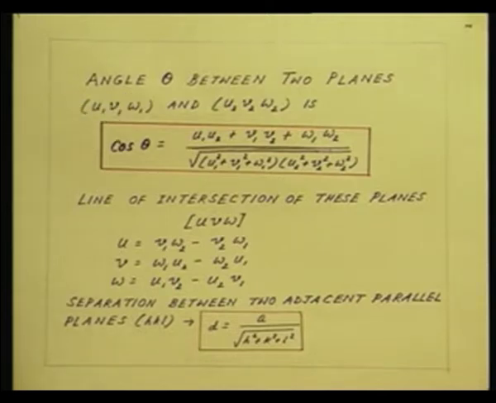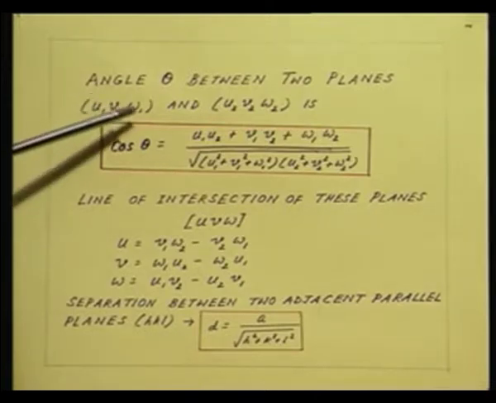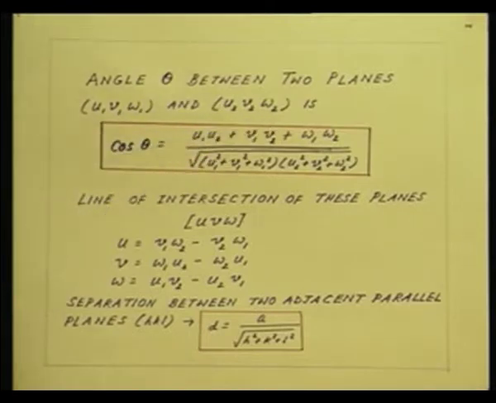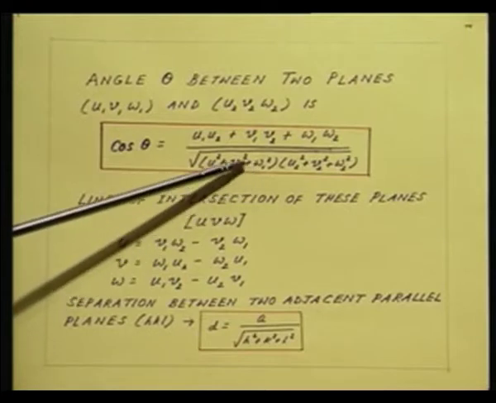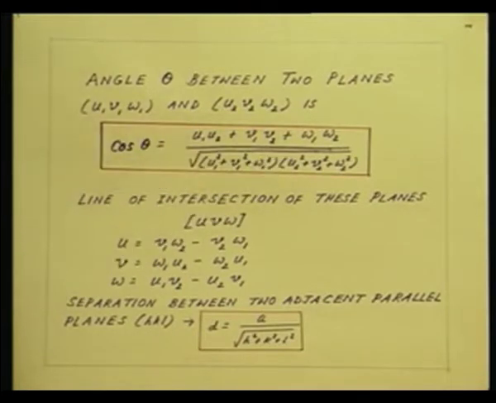By u v w, I actually mean the Miller indices, so it can be 1 0 0, 1 1 1, etc. Between the two planes u1 v1 w1 and u2 v2 w2, the angle is given by cos theta equal to u1 u2 plus v1 v2 plus w1 w2, divided by the square root of u1 square plus v1 square plus w1 square, multiplied by the square root of u2 square plus v2 square plus w2 square.